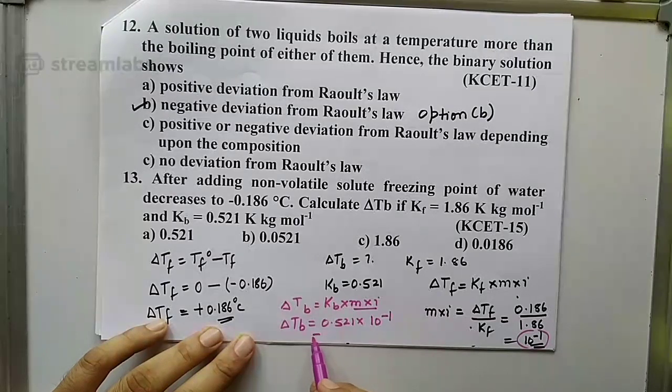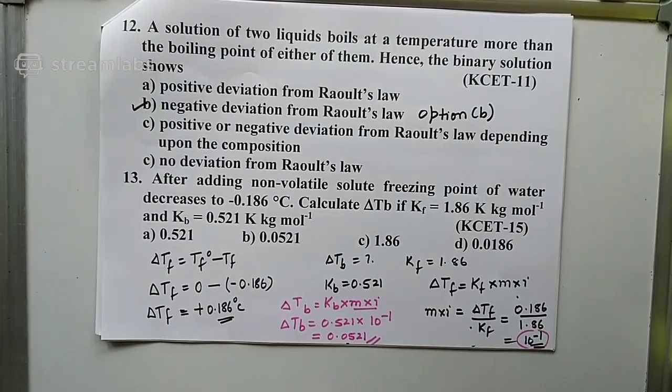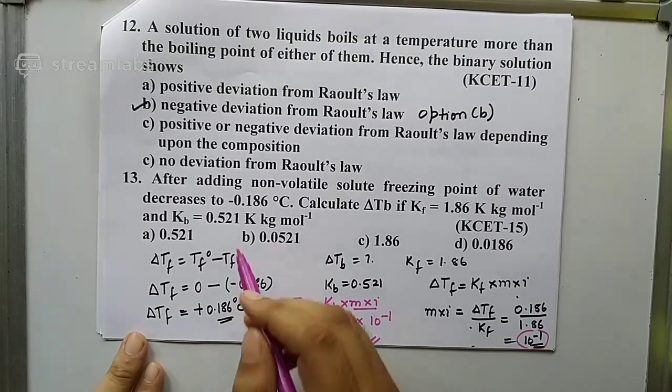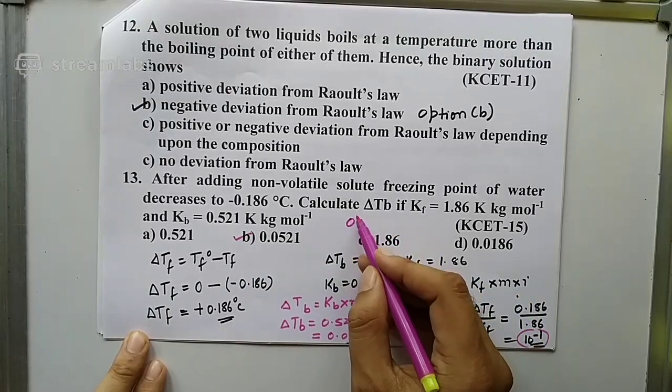So delta TB will be equal to 0.0521 degrees Celsius. So which is the answer, students, for question number 13? 0.0521 is there in option B. So answer is option B.